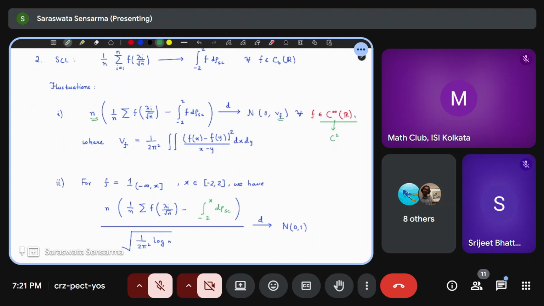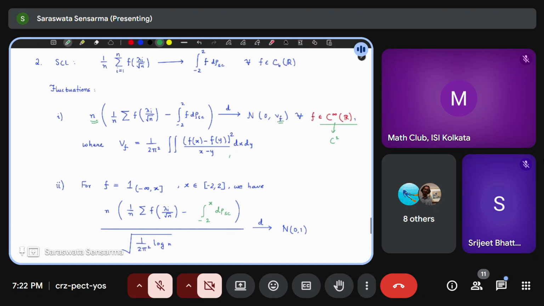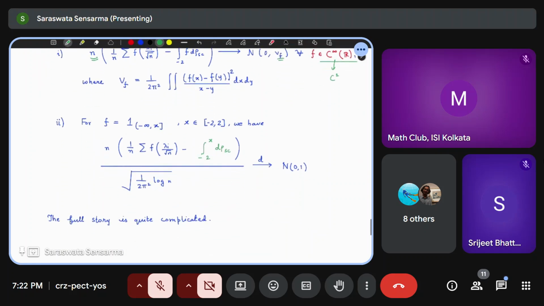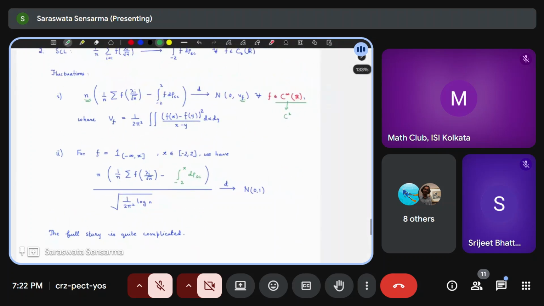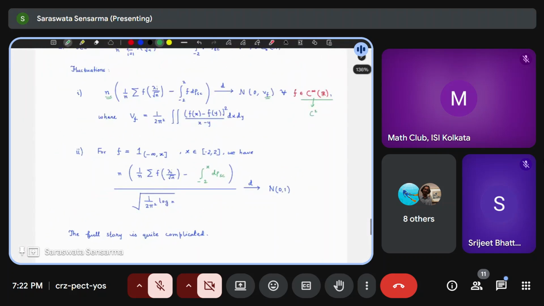Instead of scaling by n, you have to scale by n by square root log n, basically, so that it goes to something non-trivial. That has to do with the fact that this integral will not exist, and so on and so forth. All right, and a full, complete analysis of all the fluctuations is very, very complicated. It requires quite a bit of work.